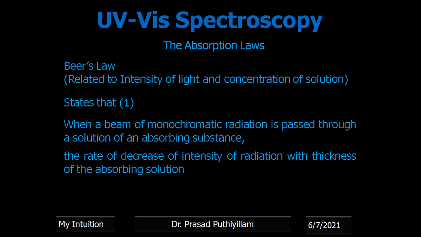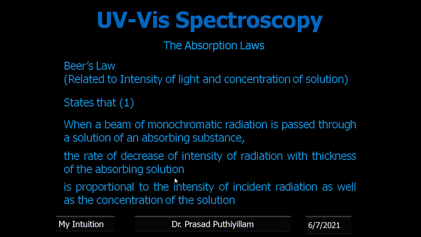So the rate of decrease of intensity of radiation is with a given constant thickness, a given constant path length. Here the thickness is not varying; the dimension of the cuvette or sample holder is kept constant.